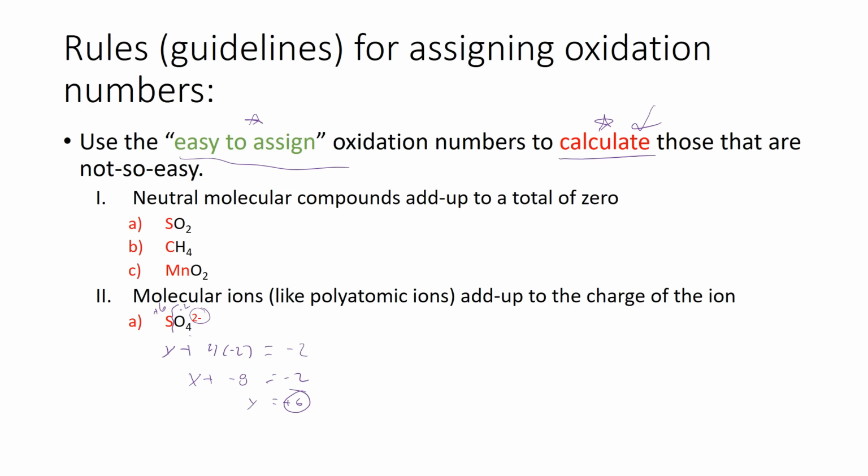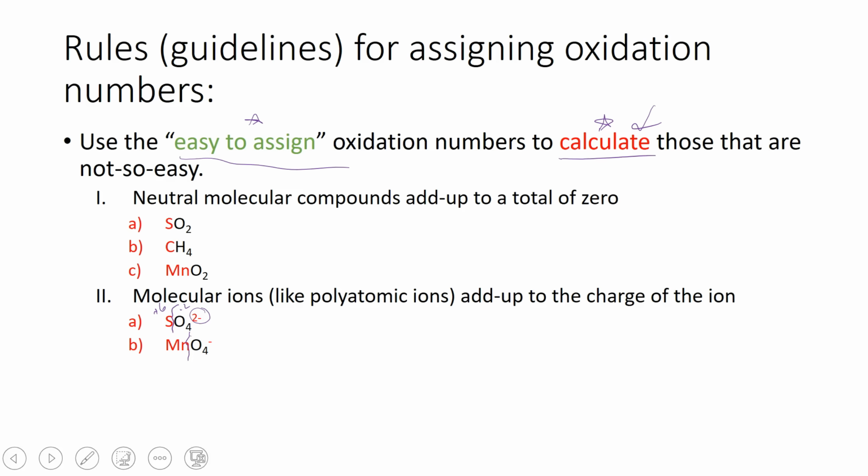All right. Now, you guys will get better at this, and you may not have to write it out as an algebra problem all the time. I'm just doing this to illustrate. Okay. So here I have a permanganate. In this case, I've got manganese and oxygen again, with 4 oxygens and a -1 overall charge.